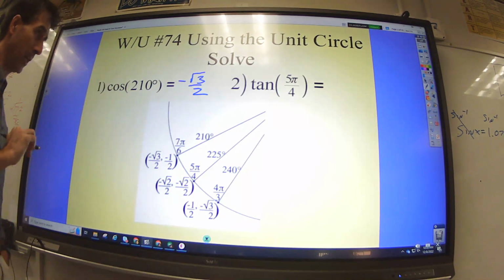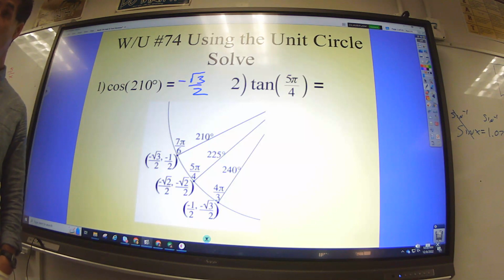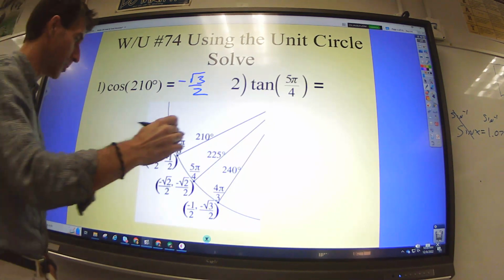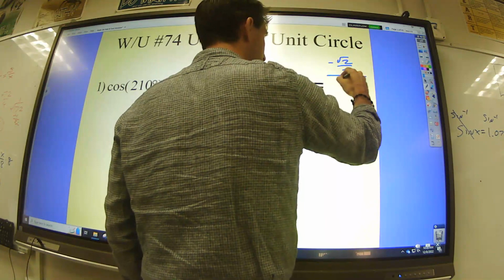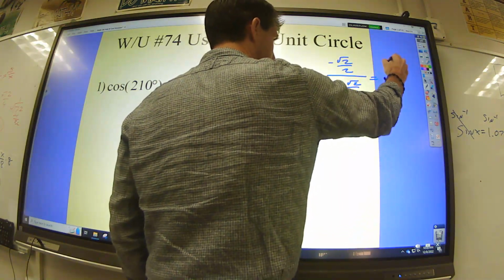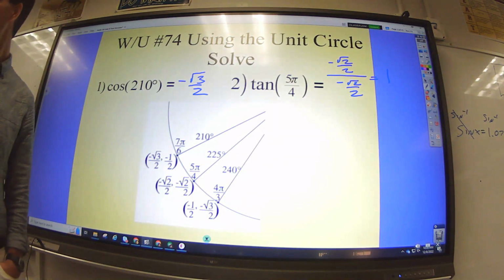Tangent. Ooh, a little bit more challenging. What is tangent? Sine over cosine, or y over x. At 5 pi over 4, it doesn't matter with this one: y is negative root 2 over 2, over negative root 2 over 2, which equals 1. Did you guys get that one?